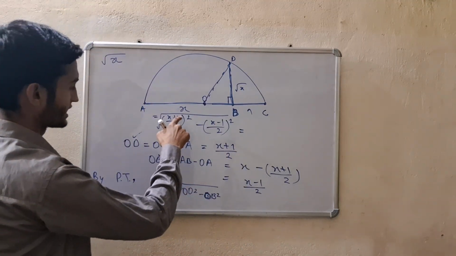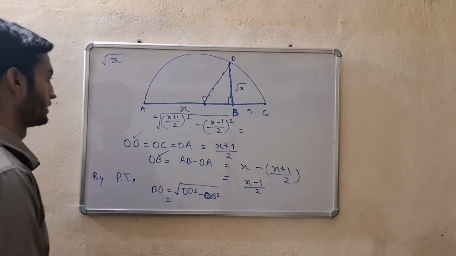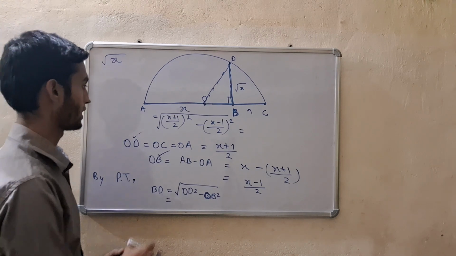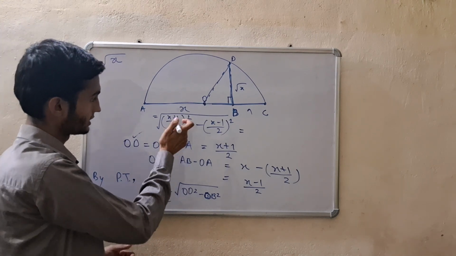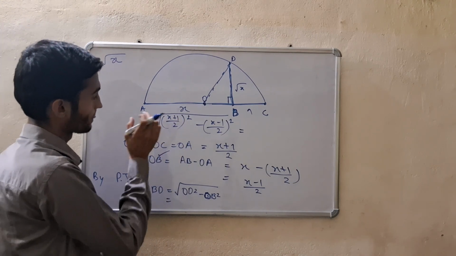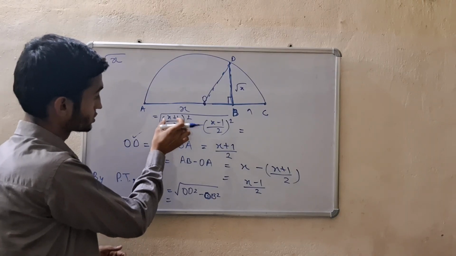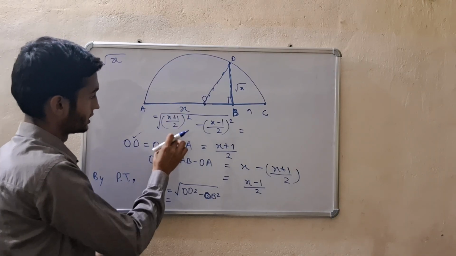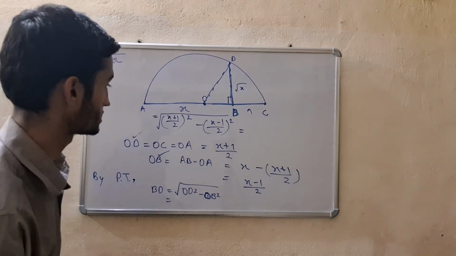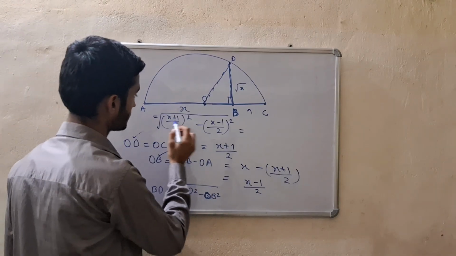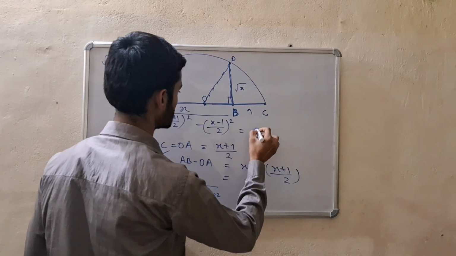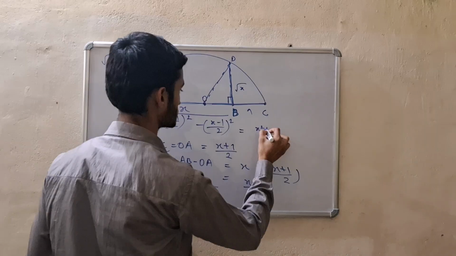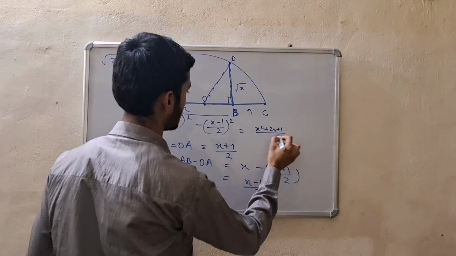So ((x plus 1) upon 2) whole squared equals (x plus 1) squared upon 2 squared. So we can calculate the squares of the numerator and denominator separately. So this will become (x plus 1) whole squared, which is x squared plus 2x plus 1 upon 4.